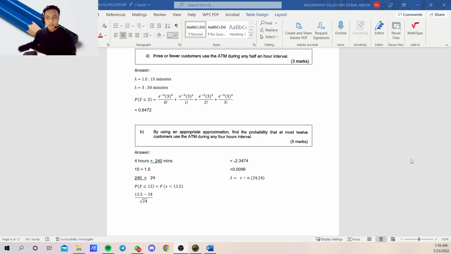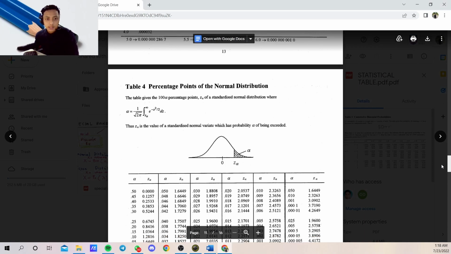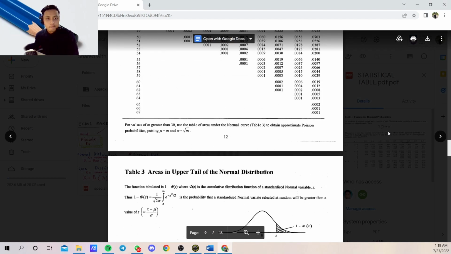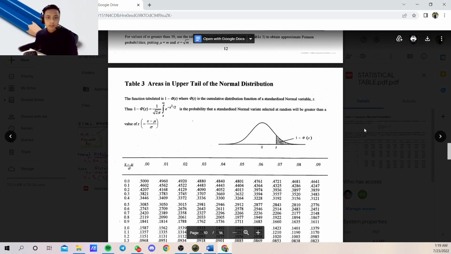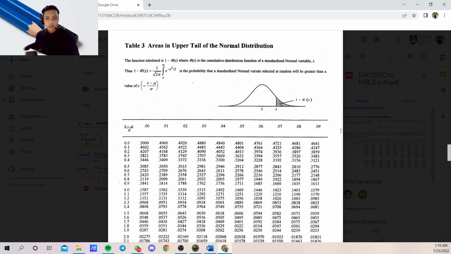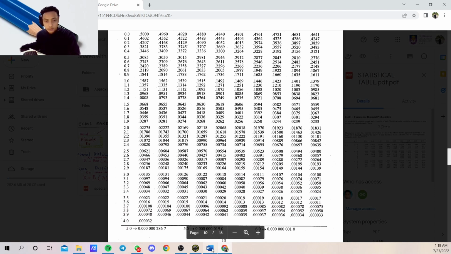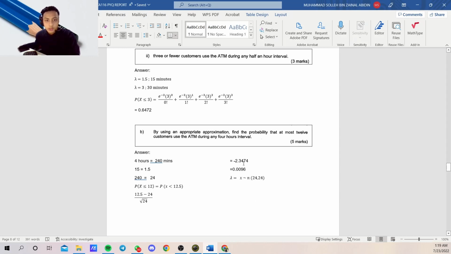So how do we get the probability? We need to refer to the statistical table. So we go right down to table 3, areas in the upper tail of the normal distribution, because you are using the normal distribution for these problems. So the answer was negative 2.34.